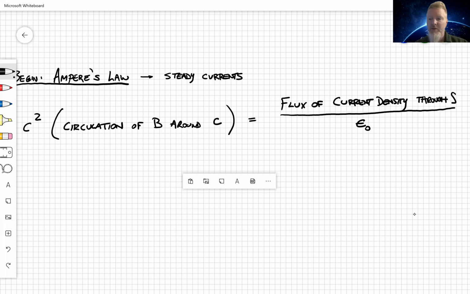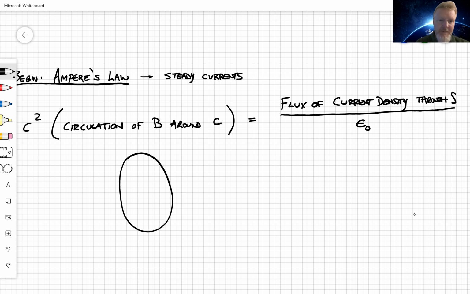Suppose I've got a large wire, and there's current running through the wire in whatever distribution it is.